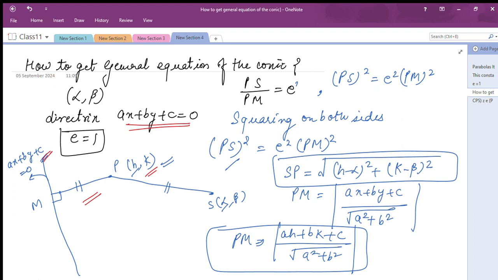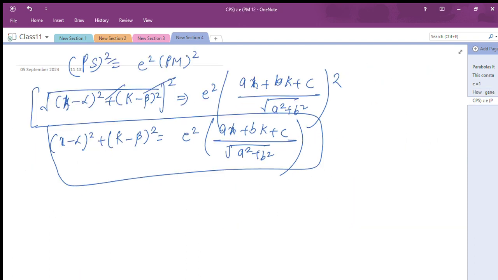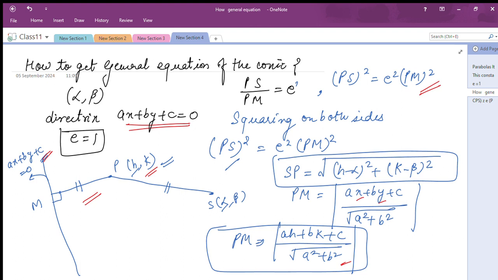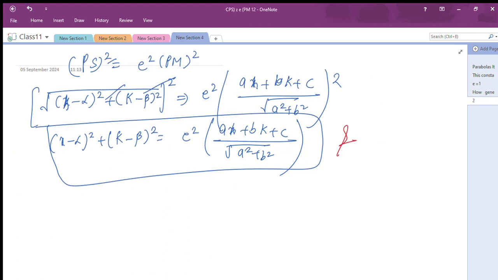The equation ax plus by plus c is given, and put h comma k instead, and find the modulus, and after that you square on both sides because the condition has been given, and you will find the final equation. So let's do a question based on these properties.